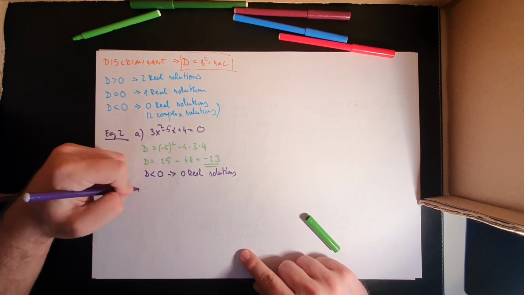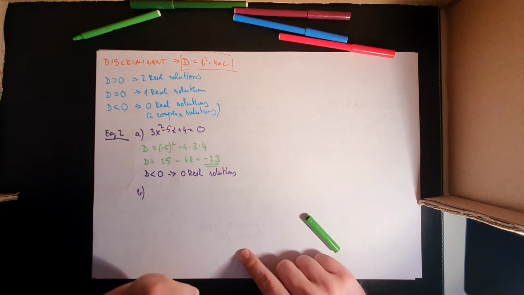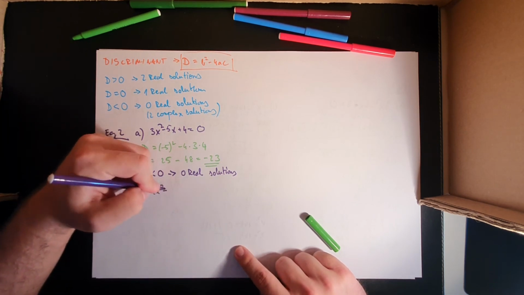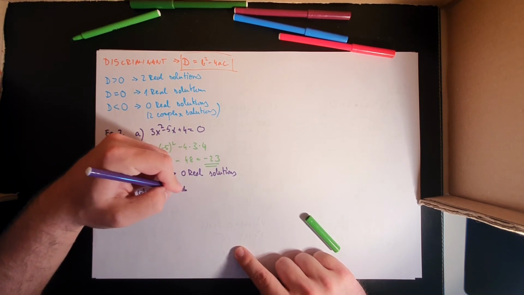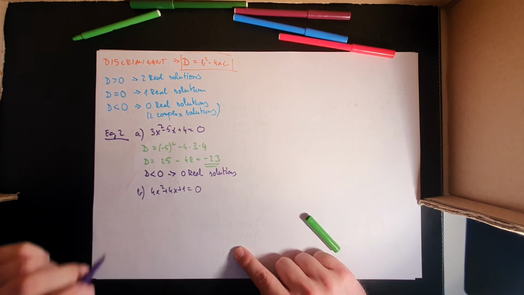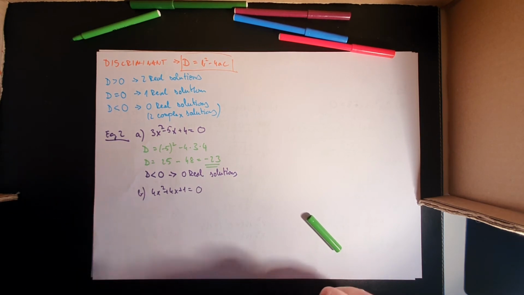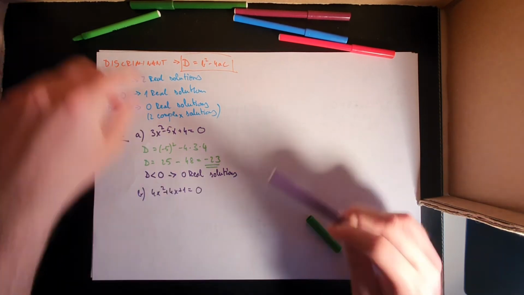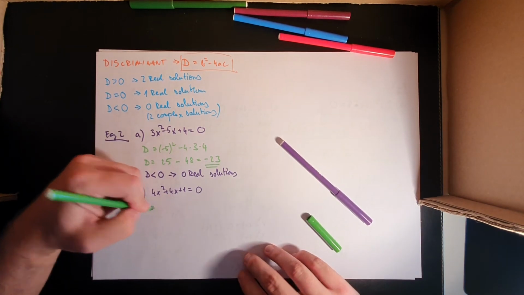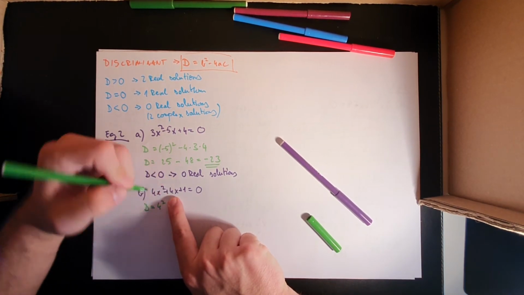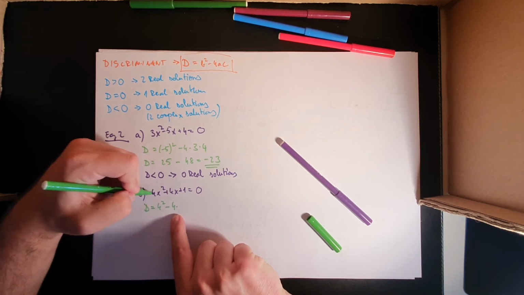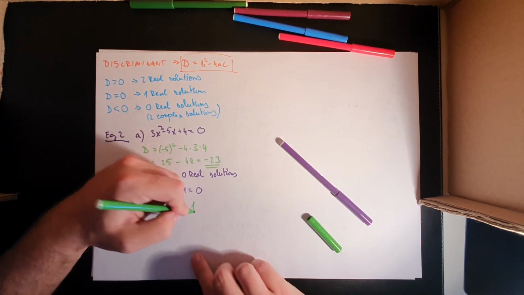Let's look at example B. In the B one, 4x squared plus 4x plus 1 is equal to 0. So this is another example. Let's determine the number of solutions. D is equal to 4 squared minus 4 times the 4 from a times 1.